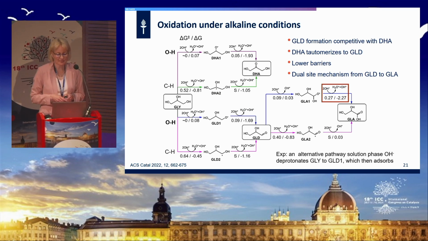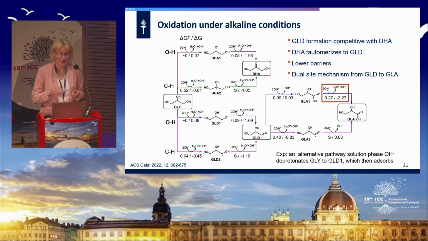However, experiments indicate that glyceric acid, GLA, is the main product, and there is no electrocatalytic pathway from DHA to GLA. So what we think is happening is that there is a tautomerization from DHA to GLD, and that happens to be more favored under alkaline conditions.